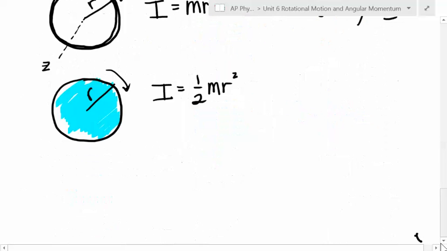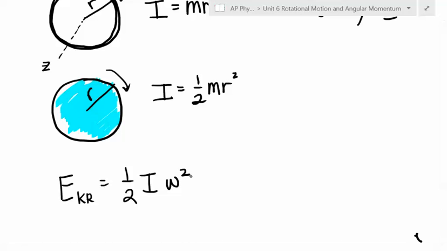With that, what we have here is that the rotational kinetic energy is 1/2 I omega squared, where I is like the rotational analogy to mass. It's not just how much mass you have anymore, but where it's located.